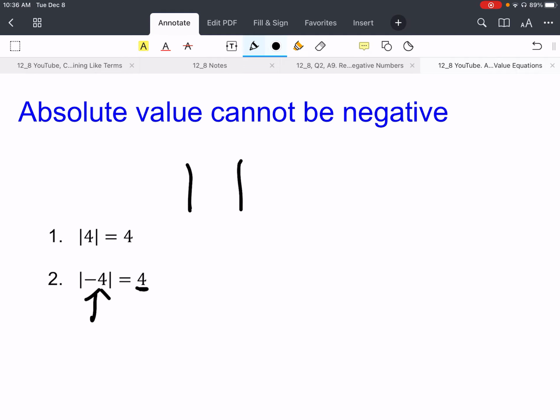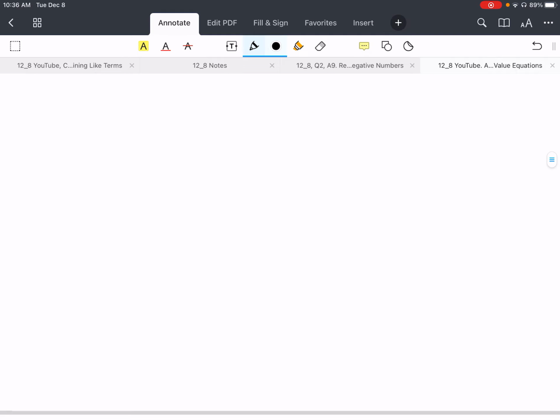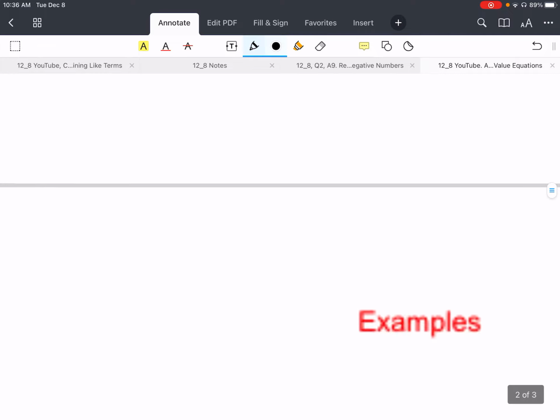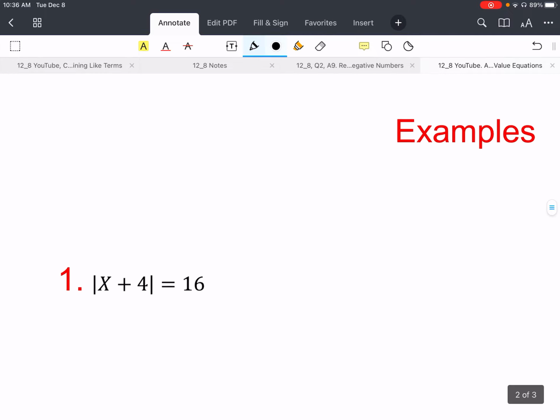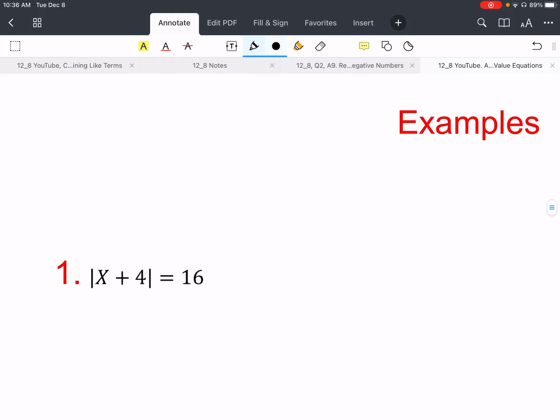So what this means is during our equations, we're going to have two answers for each of our problems, because inside these parentheses, like for number one, a very simple one, we want our answer to either be 16 or negative 16.